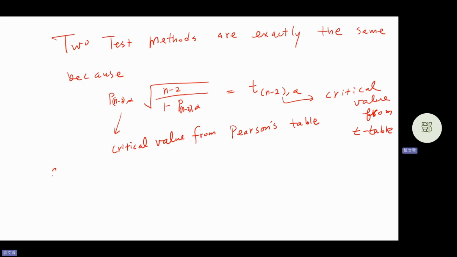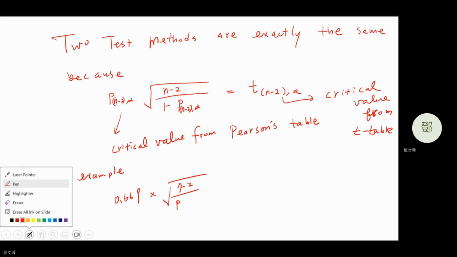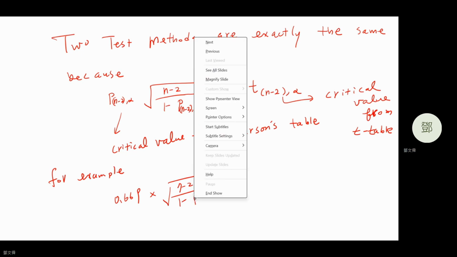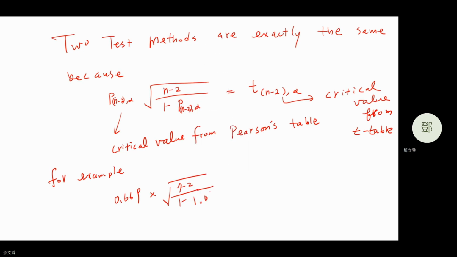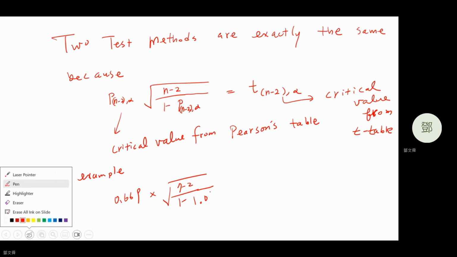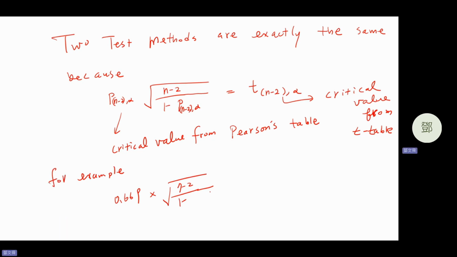Okay, for example, 0.669 times 7 minus 2, and 1 minus 0.669 squared is what?